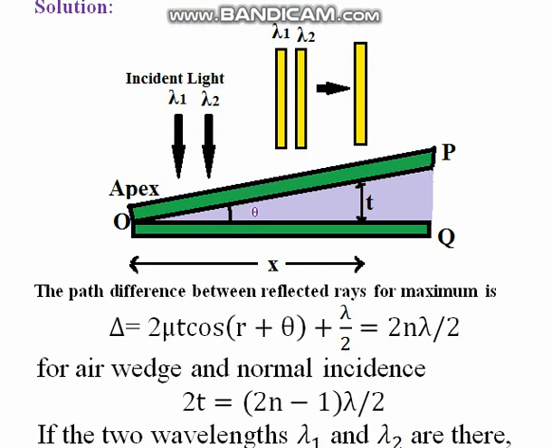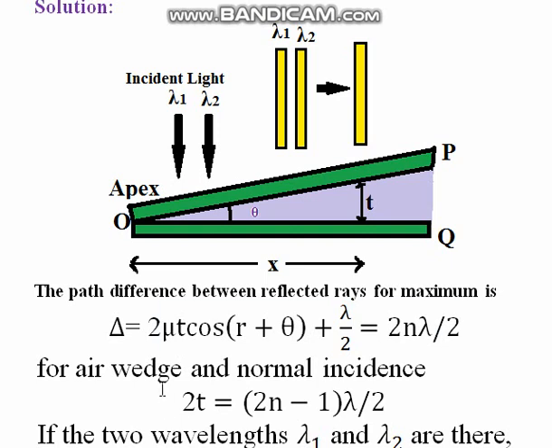Now there is another important point, that the position of this point from the apex point is small x. So let's apply the path difference formula. Path difference is given by this relation.